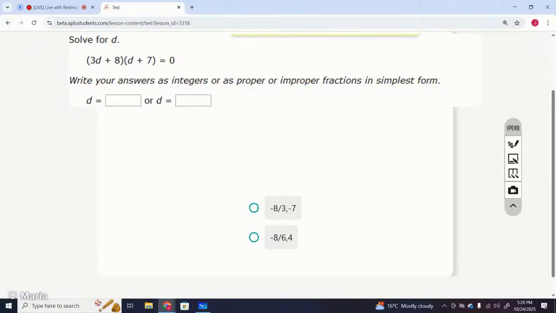3d plus 8 and d plus 7 equals 0. Negative 8 by 3 and negative 7.